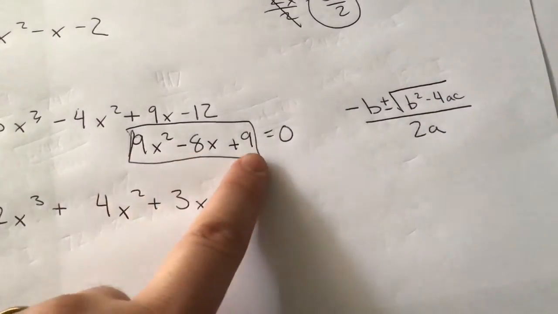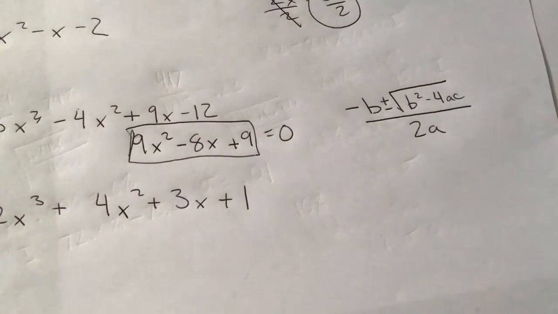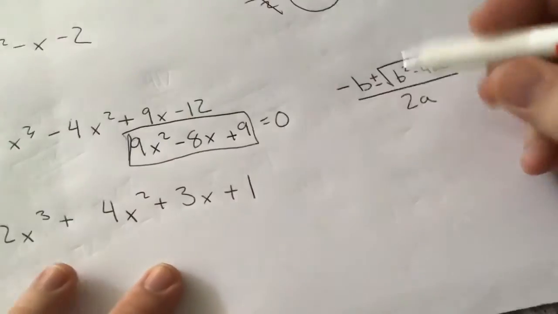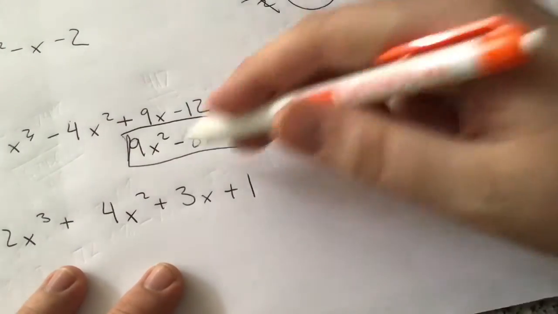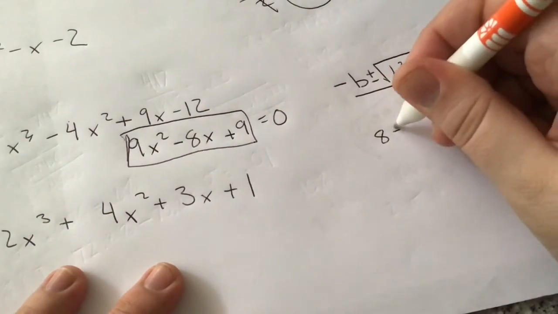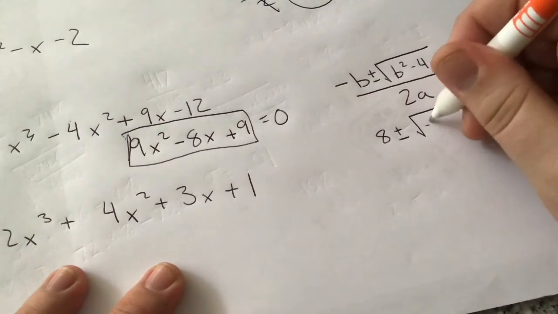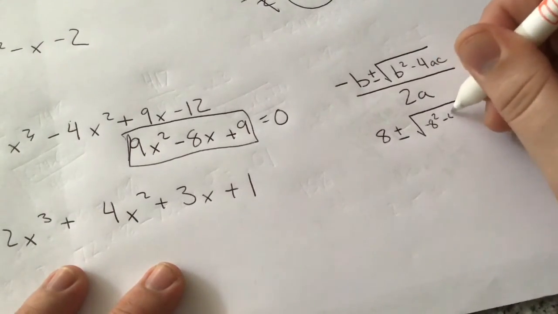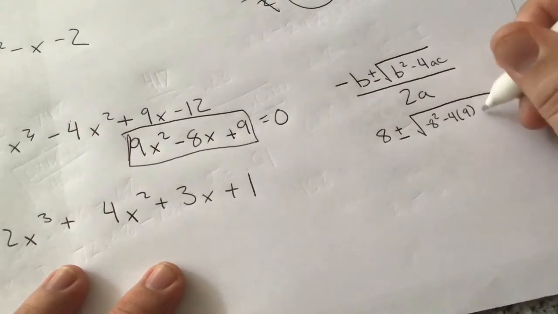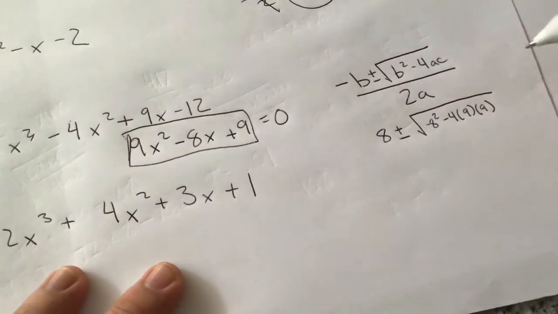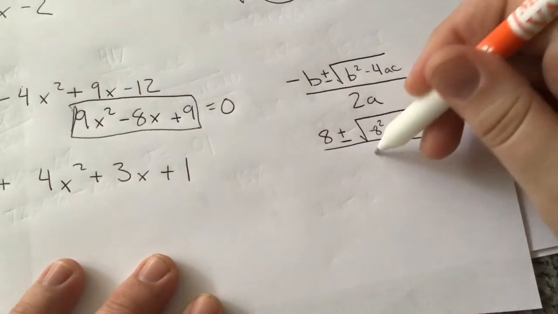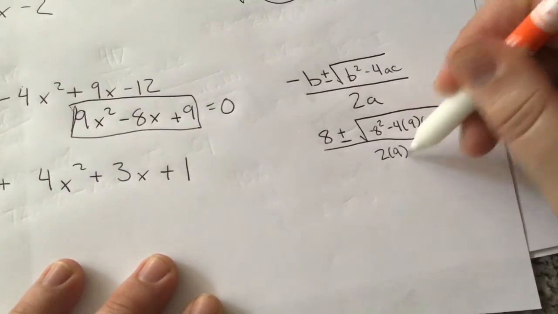We're able to just plug them right into this quadratic formula, right? Well, negative b, that would be negative 8, so negative of a negative makes a positive. Plus or minus the square root, b squared, so negative 8 squared, minus 4 times a, 9, times c, 9, over 2 times a, or 2 times 9.